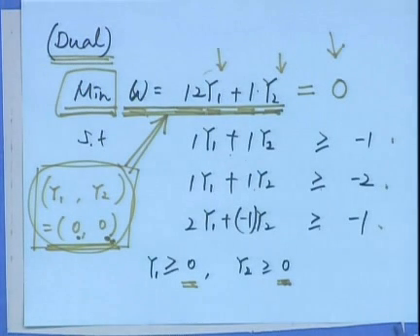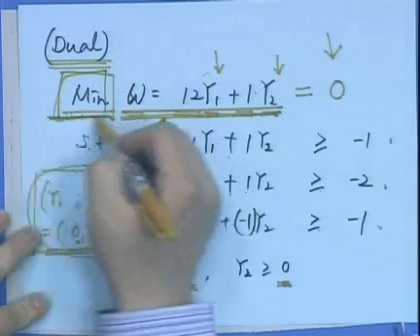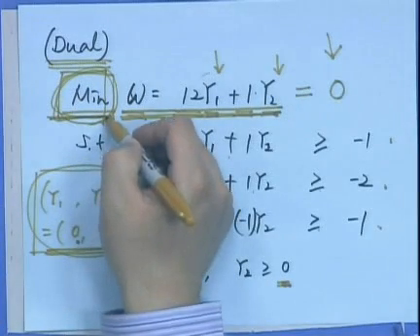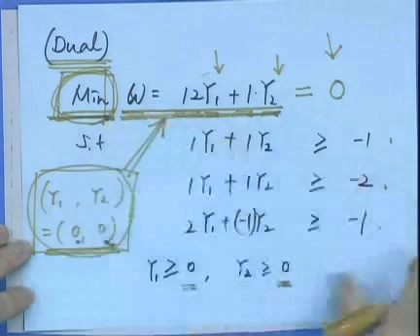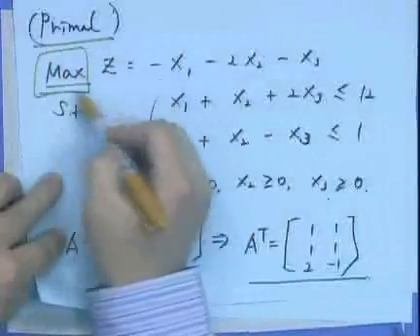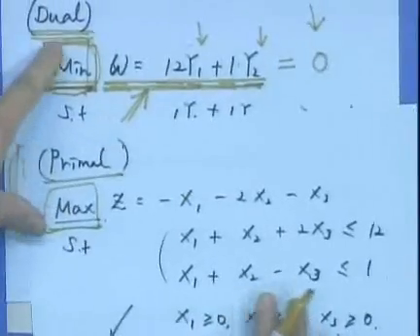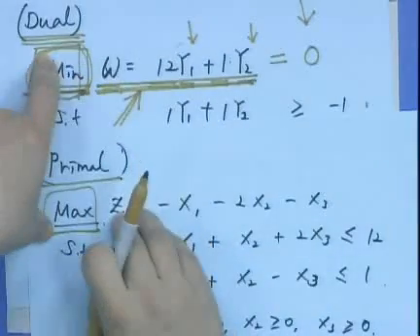And the weak duality theorem tells us that the objective function value of the minimization problem is always greater than or equal to the objective function value of the maximization problem, which is our primal problem, right? Of course, those two should be in a symmetric primal dual pair.